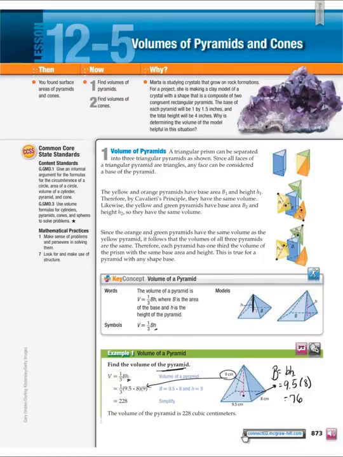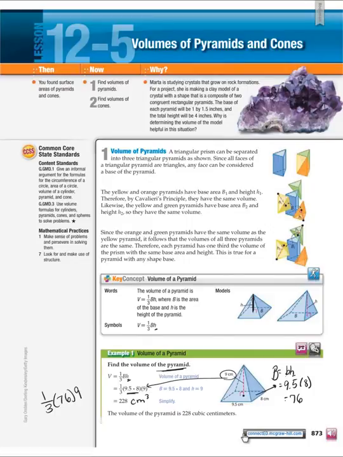So once I multiply and get my uppercase B, my 76, then I'm going to have 1/3 times the 76 times the height of the pyramid, which is really going to be just 76 times 3, isn't it? Because I can take the 1/3 of 9 quickly in my head. And I get 228 cubic centimeters, since we're still talking about volume.